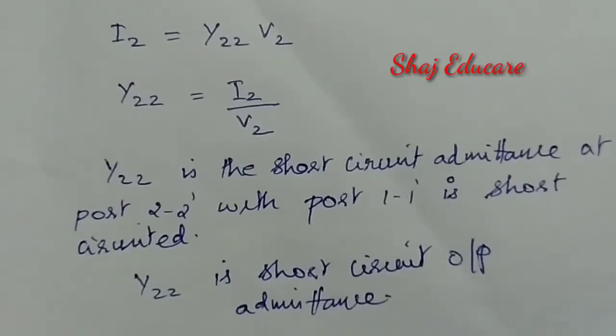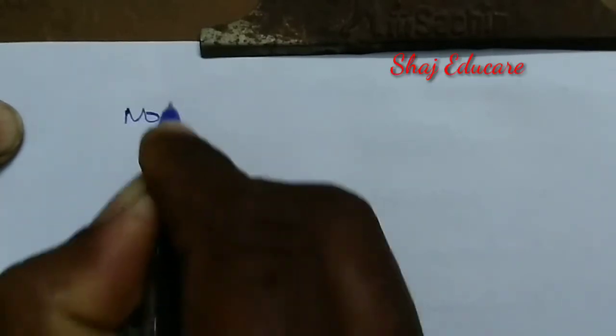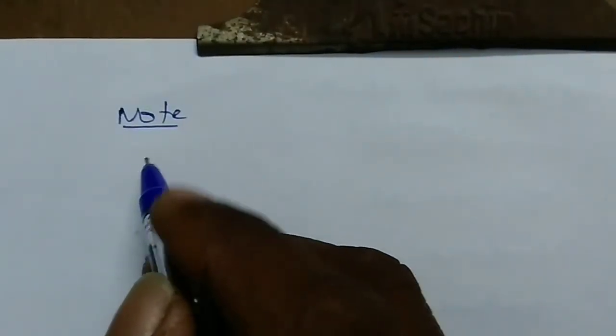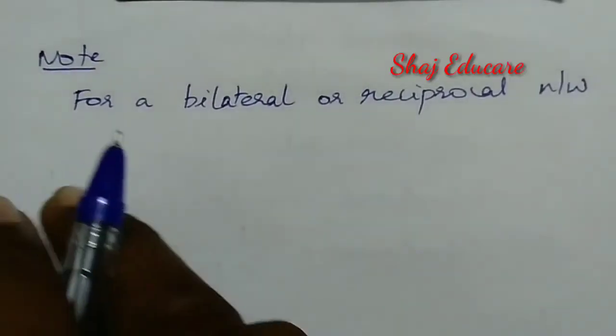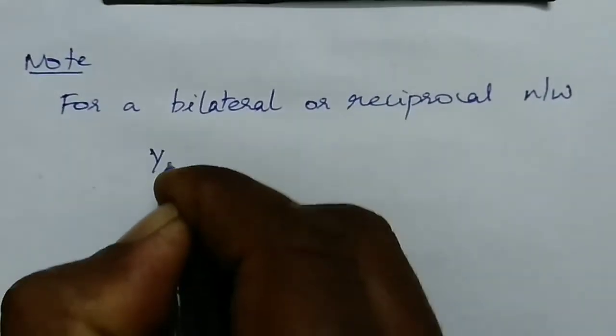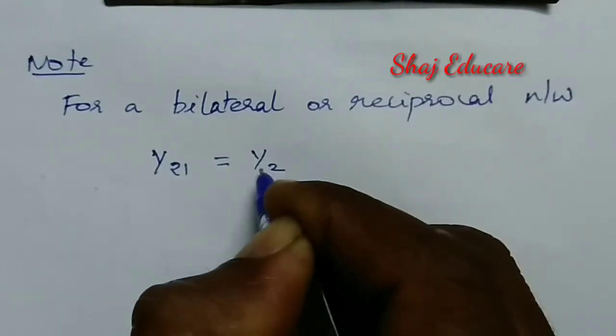Now we have to note one more thing. If the circuit is reciprocal or bilateral, then for a bilateral or reciprocal network, y21 will be equal to y12.